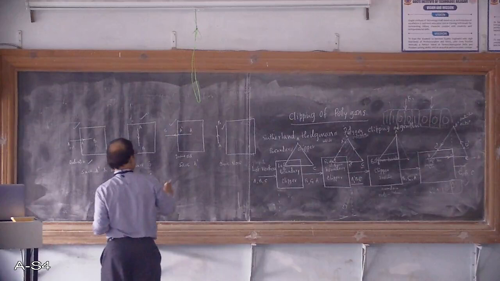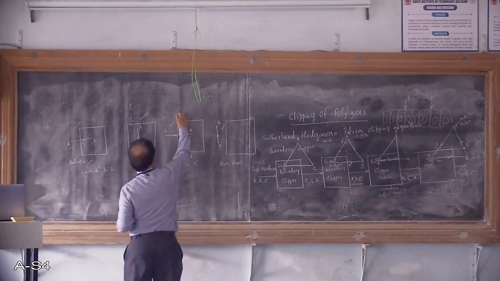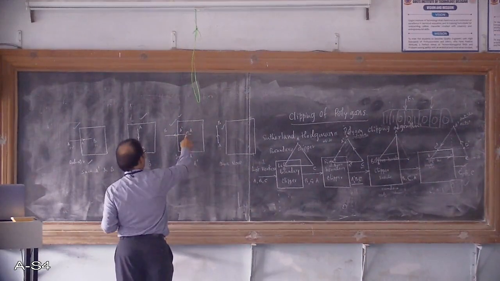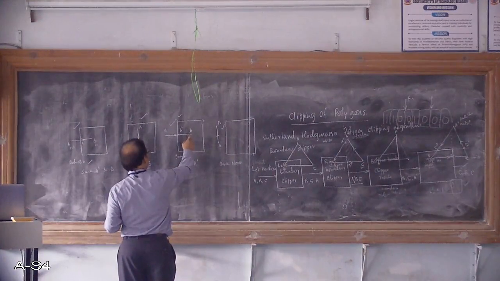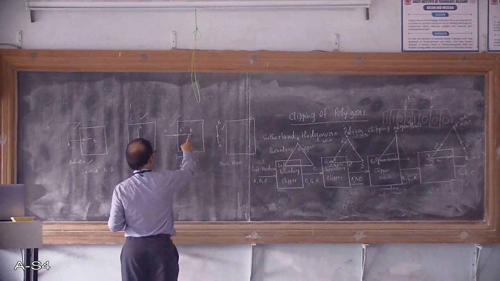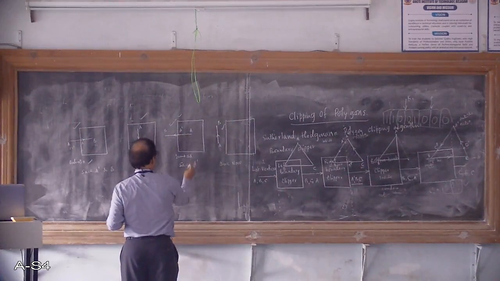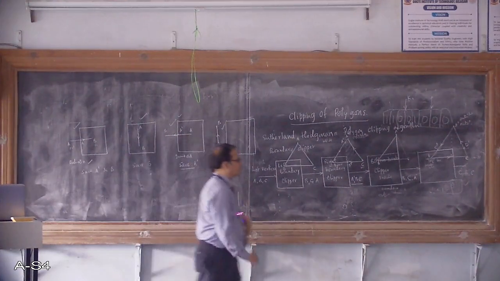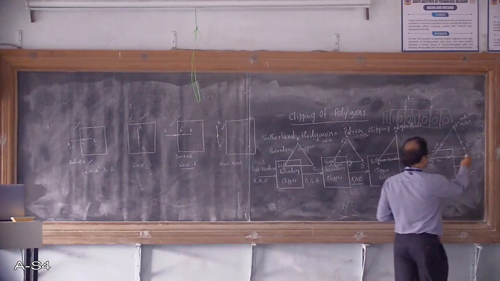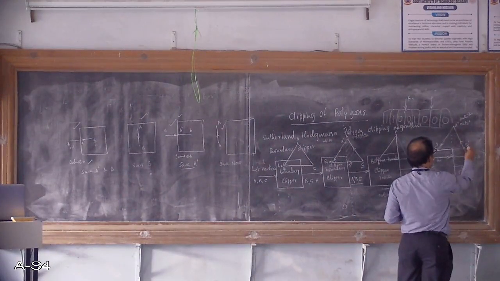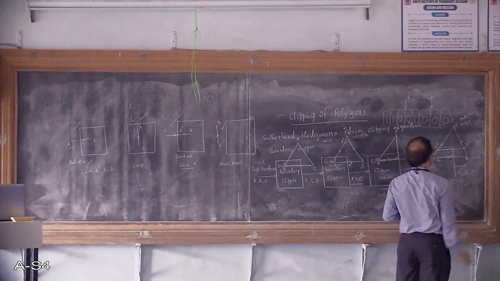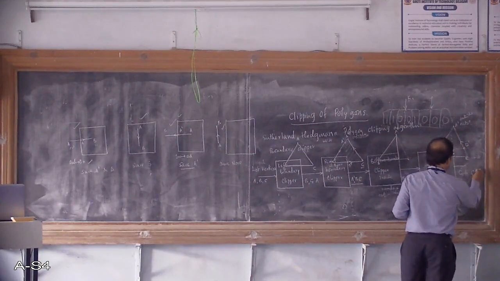It is inside to outside. So this matches with the third rule wherein it is progressing from inside to outside, and when an edge goes from inside to outside, we have to save only the point of intersection. So for the edge C to A dash, the point of intersection is D dash. So we are required to save D dash.